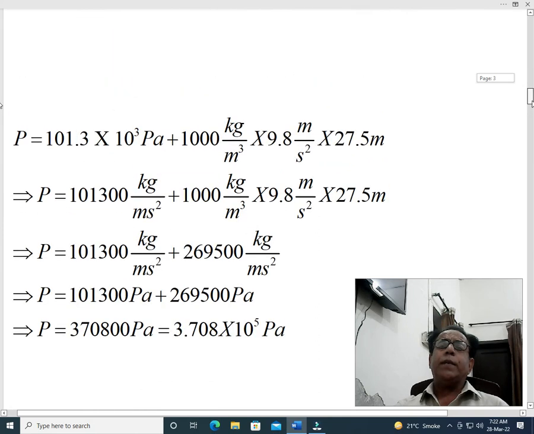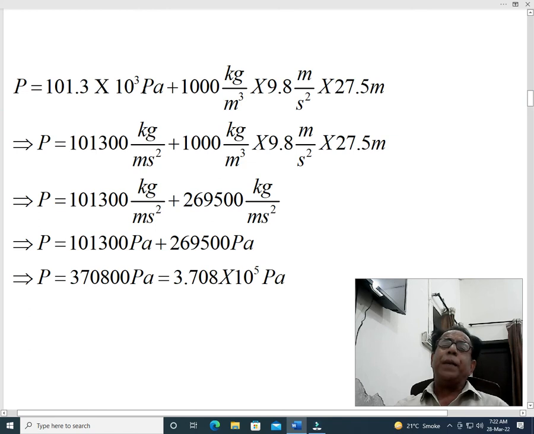Now, dear students, P becomes equal to this plus this. So what we are going to do is simplify. In place of Pascal, we have used kilogram per meter second square.